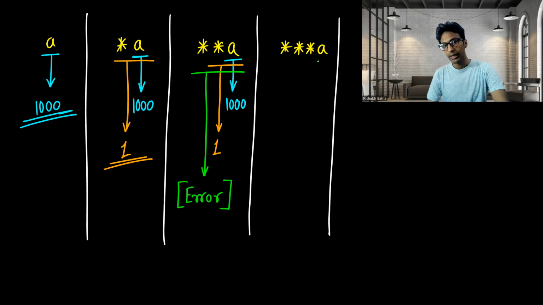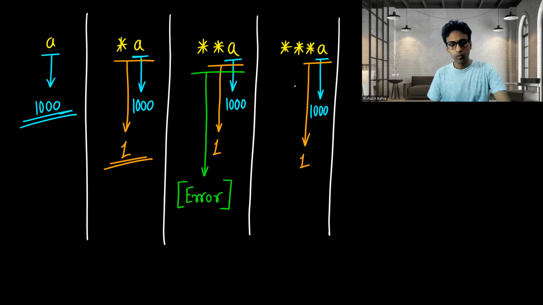If you see this one, what is a? A is 1000. Think progressively, okay? Don't directly jump to the entire thing. A is the base address of the zeroth element, 1000. Star a is the value of the zeroth element, 1. Now, what is this next star?